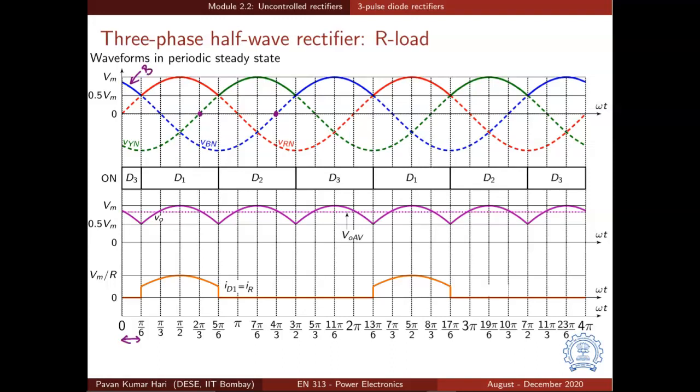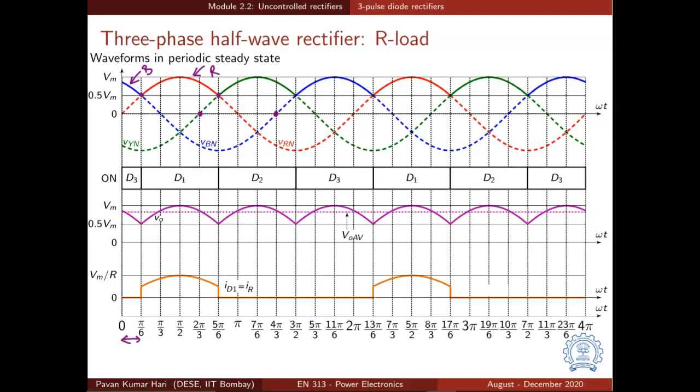That is VBN is the maximum. From 30 degrees to 150 degrees of the phase angle, we have R phase voltage, that is VRN, which is the maximum among the three.